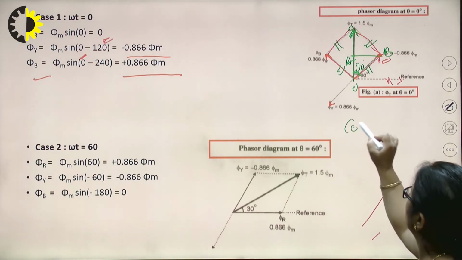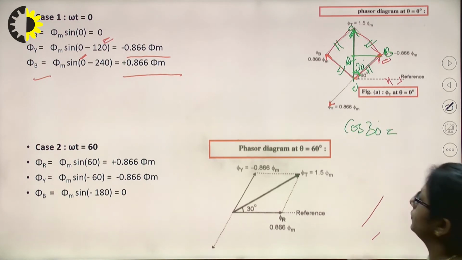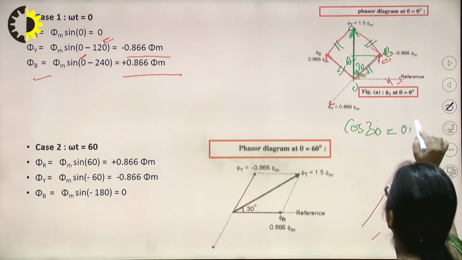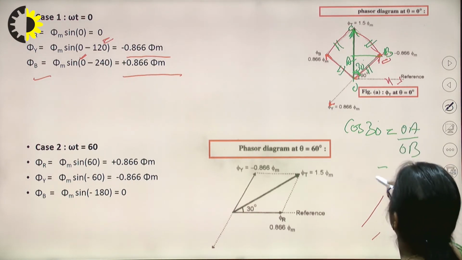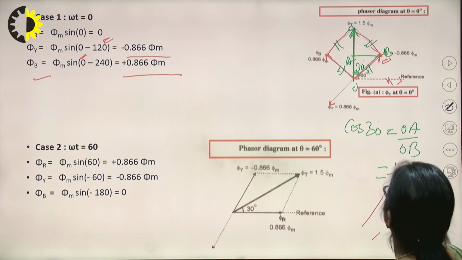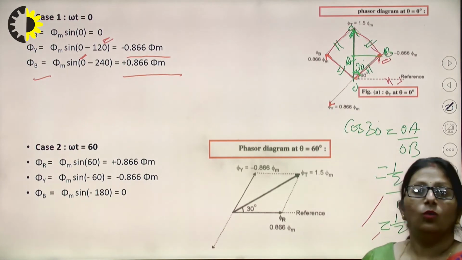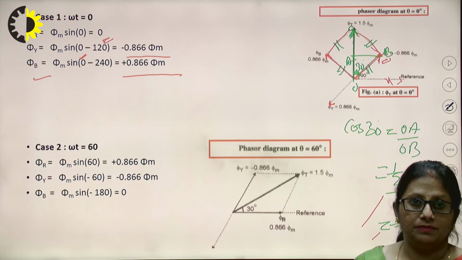How can I give cos 30? Root 3 by 2 obviously, but that can be given from the triangle OAB, that is OA upon OB. Once again, what is OA? OA is half of OC, right? What is OC? OC is my resultant phasor, right?